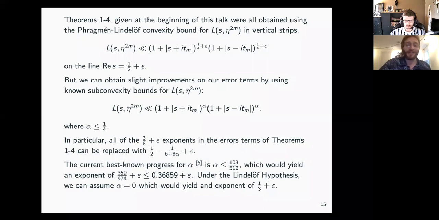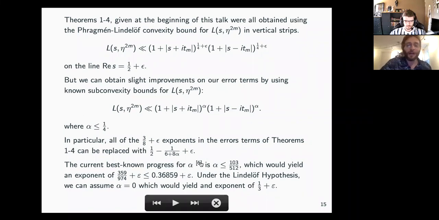Now, the amount of improvement that can be made is very marginal. The best known result currently is due to, I believe, Wu Han, or I might be screwing that up, is 0.36859, and under the Lindelof hypothesis, it would just be 1/3, so it's a very, very small difference, but the difference is there, and I find that endlessly amusing.